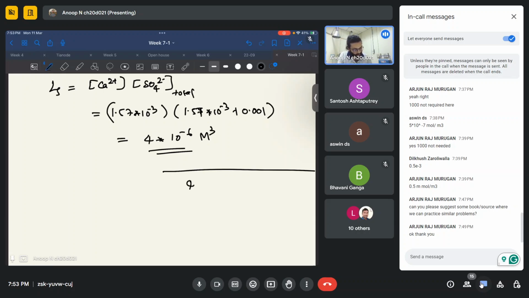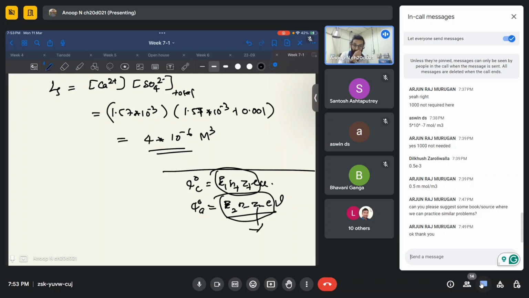We have seen some formula like kappa C equal to K1 n plus z plus e into u, and kappa A equal to K2 n minus z minus e into v, right? For charge neutrality, we have taken these terms to be equal, but we considered monovalent. So the z value will change for monovalent and multivalent. While doing a problem, if it is multivalent, please take the numbers for z plus and z minus carefully so that you won't make a mistake in the problem.